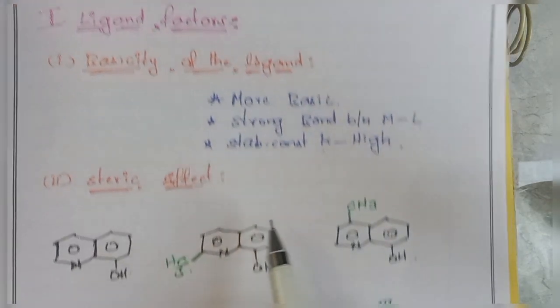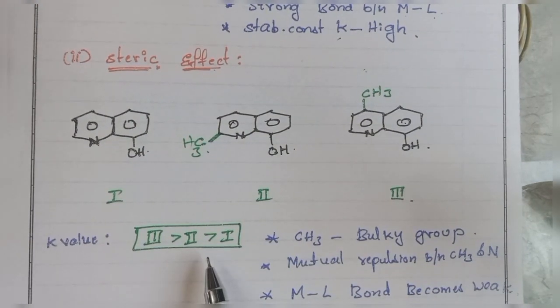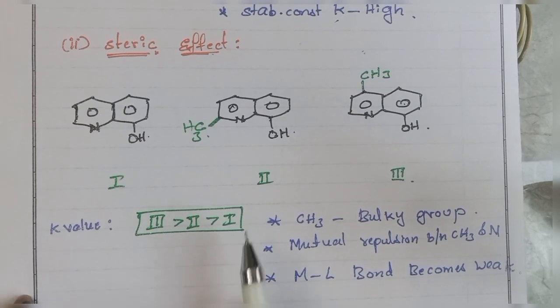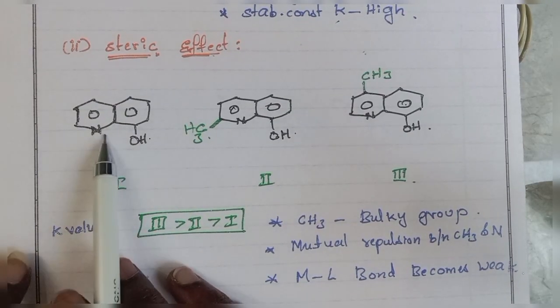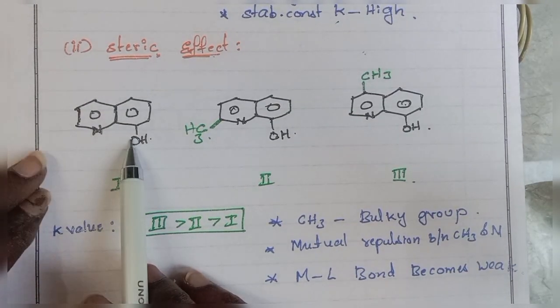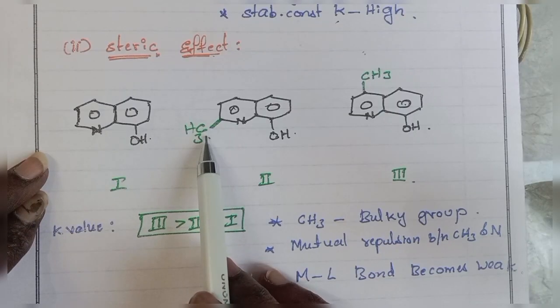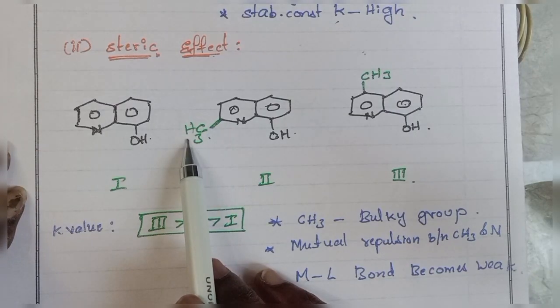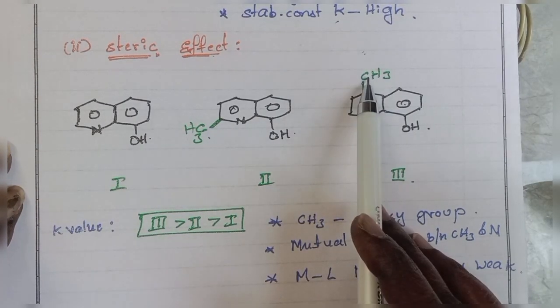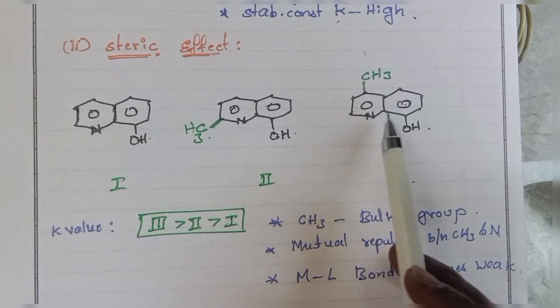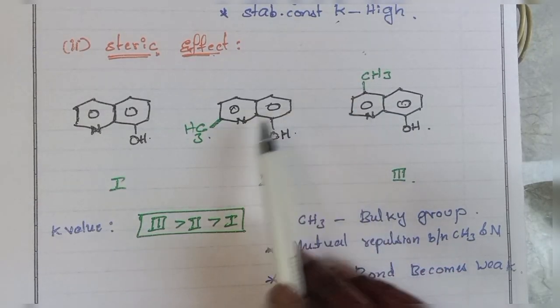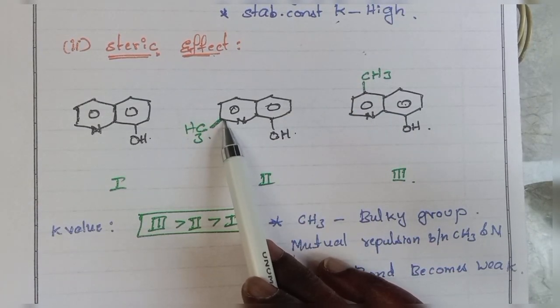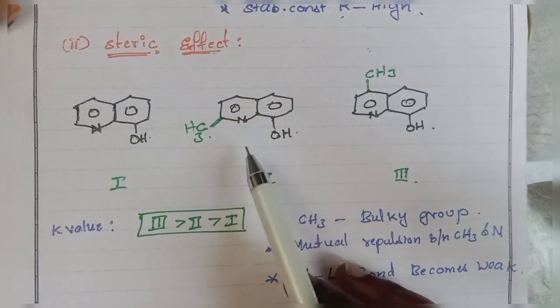The next factor is steric effect. If we take the ligand 8-hydroxyquinoline, and the second one we see a substituent, that is a methyl group. And here the methyl group is added at the 1, 2, 3, 4th position. It is the second position, right? So methyl is a bulky group.